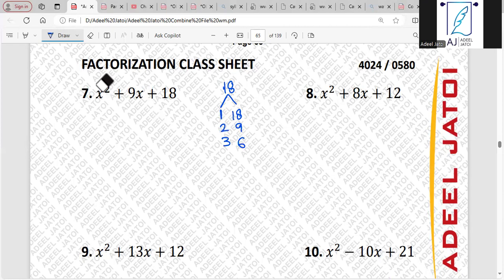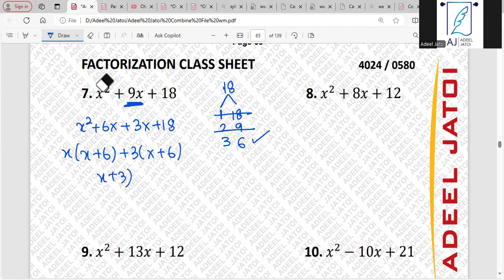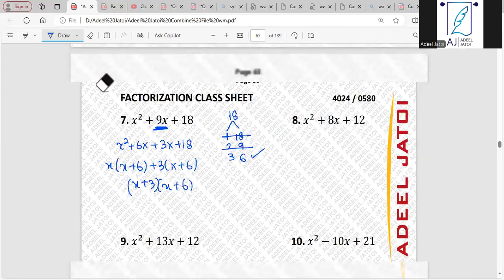Then the repetition of 6, 3, 9, 2, 18, 1. But we need to have 9 in the middle, plus or minus. So 1 and 18, 2 and 9 are not accepted, only 3 and 6. So x square plus 6x plus 3x plus 18. This will be x as common, x plus 6, plus 3 as common, x plus 6. So x plus 3 and x plus 6 will be the factors required here.